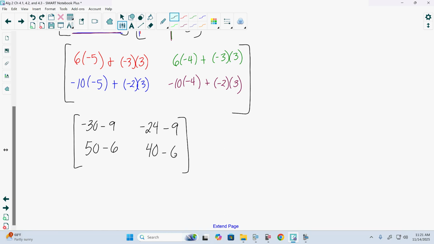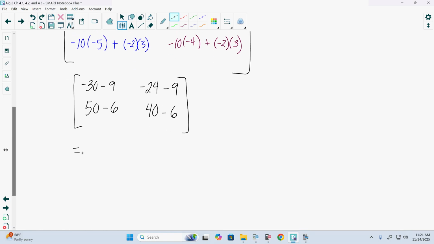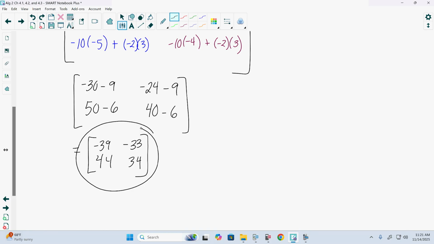And negative 2 times 3 is negative 6. And lastly, we would just simplify those terms together. We would add and subtract where needed. Questions on how we did that?